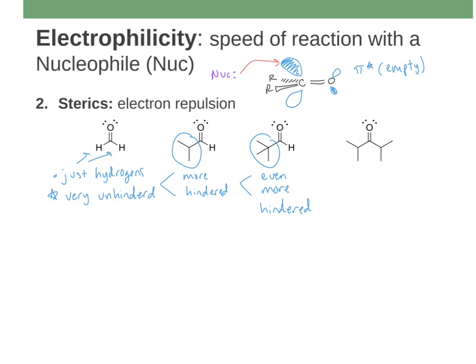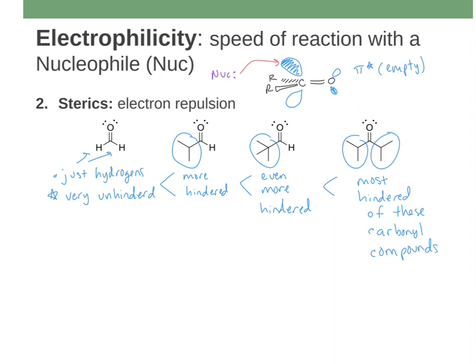And then as you can imagine, if you had two isopropyl groups, so now we have a ketone, that's even more hindered. So this would be the most hindered of these carbonyl compounds.